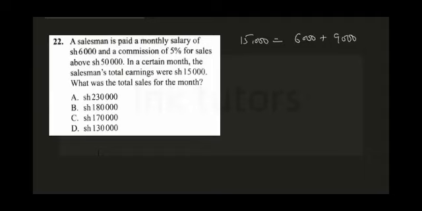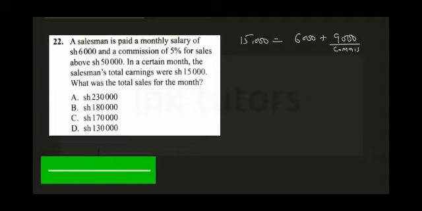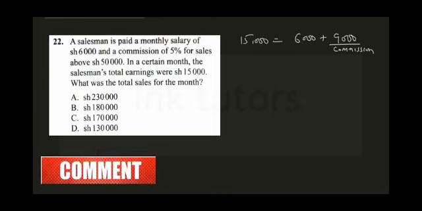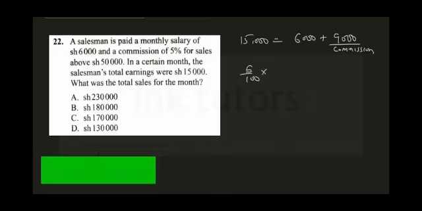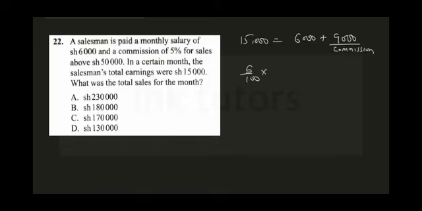Now, what I want you to notice is that this 9,000 he got as commission for selling above 50,000. So in order to get our commission, note the commission was 5%. So 5 over 100 times the extra sales he made, which we are going to call x, gave us 9,000 commission. So from here, we are going to do 5x is equal to 9,000 times 100.